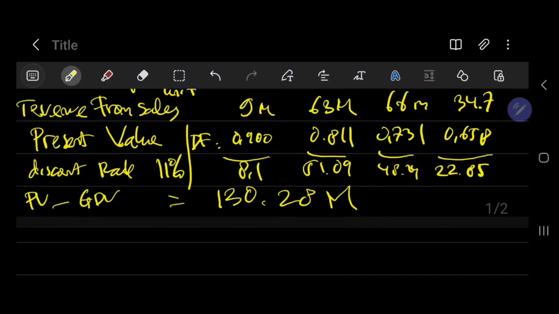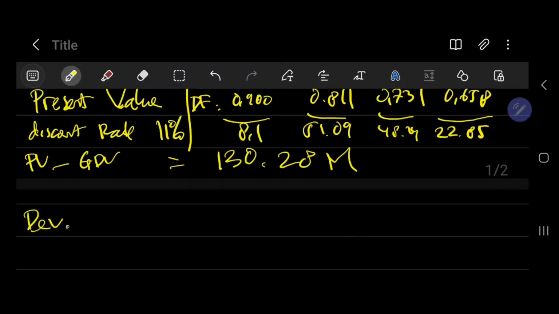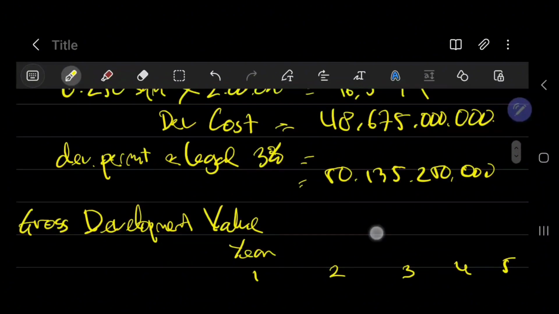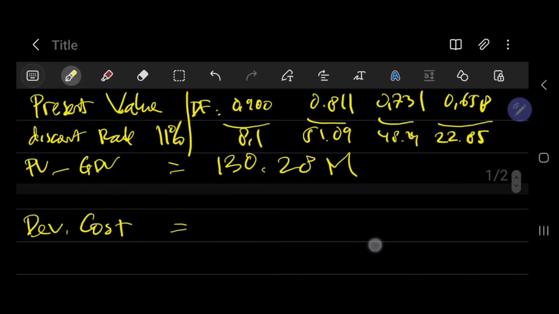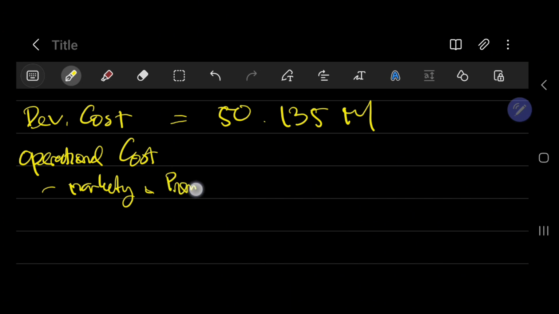Okay, so next we move to all of the costs. Now the development cost, as we calculated before, is 50.135 billion. And we need to calculate the operational costs for the developer to run. So the marketing and promotion, and admin and legal.